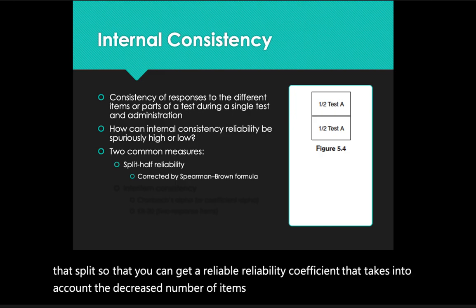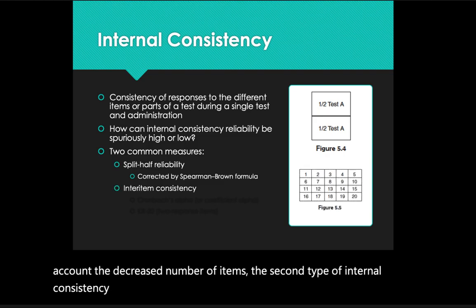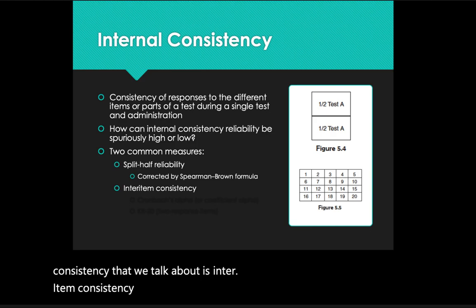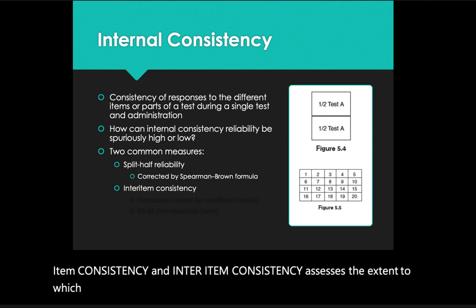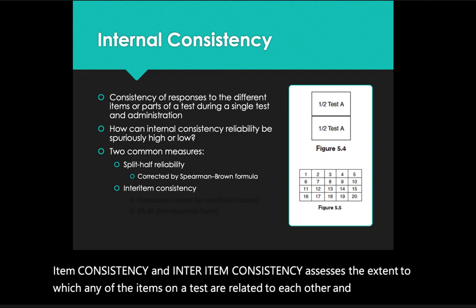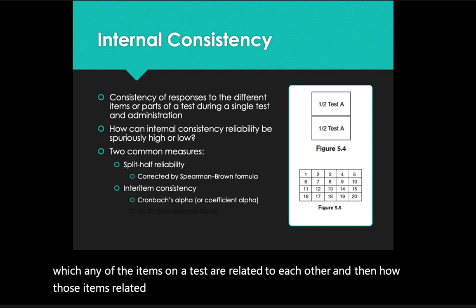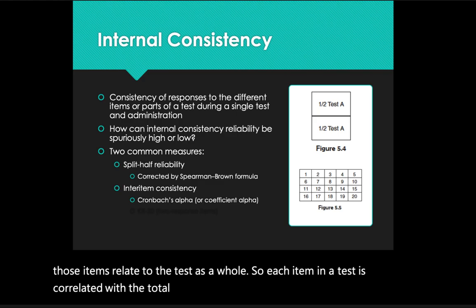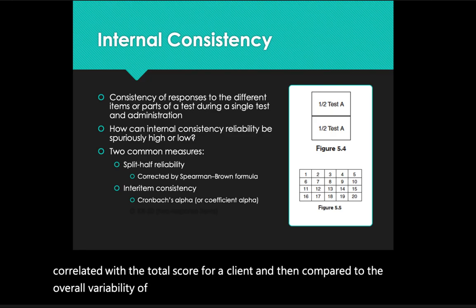The second type of internal consistency that we talk about is inter-item consistency. And inter-item consistency assesses the extent to which any of the items on a test are related to each other, and then how those items relate to the test as a whole. So each item in a test is correlated with the total score for a client and then compared to the overall variability of scores within the test.